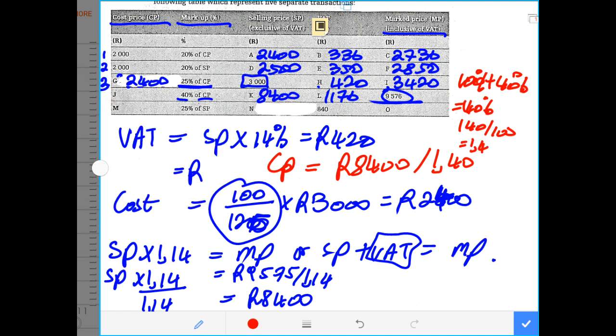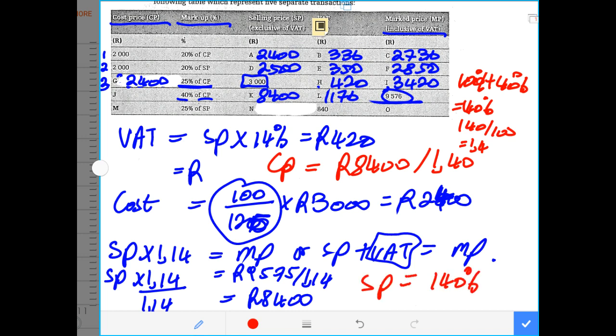So now that means our cost price, remember, is 100%, and our selling price is 140%. Whenever the markup percentage is on the cost price, then cost price is equal to 100%, and selling price is equal to 100% plus the markup percentage. That means our selling price is equal to 140%.